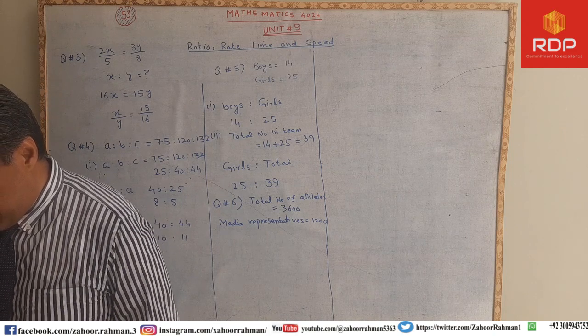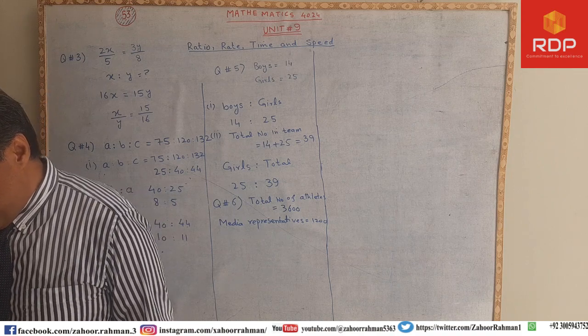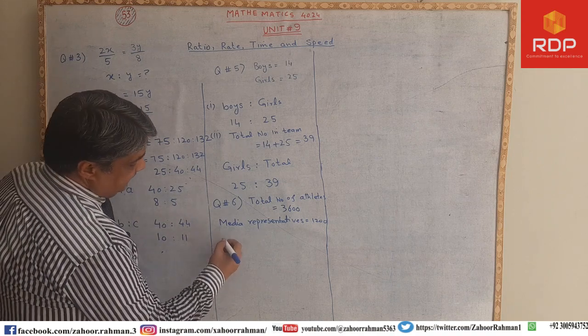Who reported on the games? 20,000 volunteers.